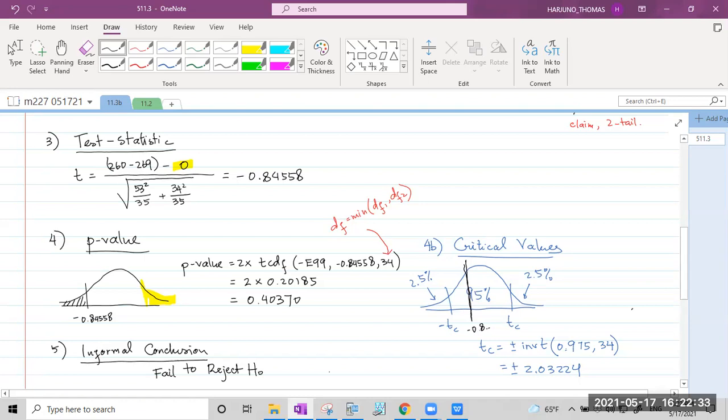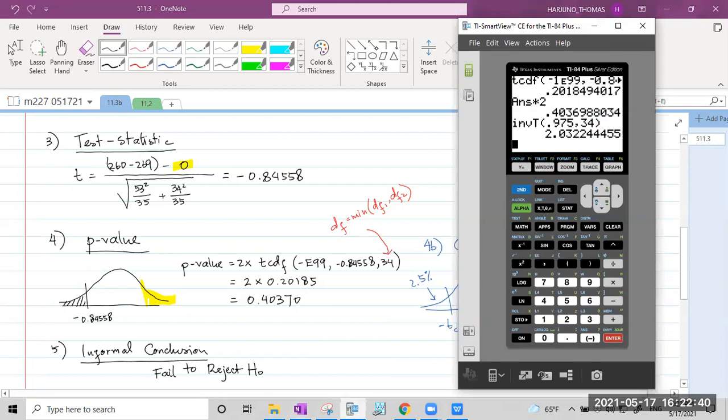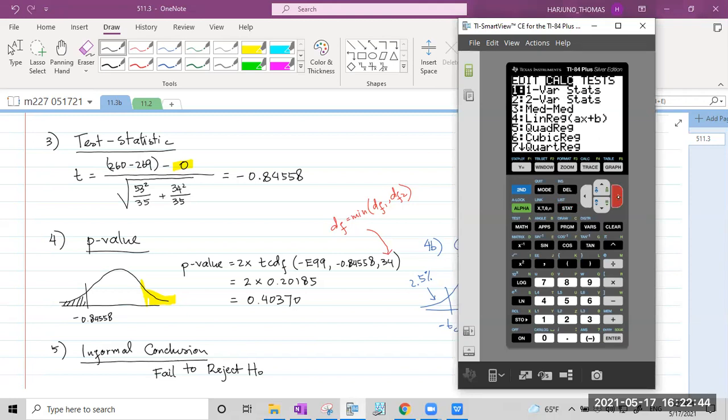Next, let's check our numbers, especially for step 3 and step 4. Okay, we'll check our numbers for step 3 and step 4. We go to stats, test, two-sample t-test. Oh, I didn't show you this last time, huh?